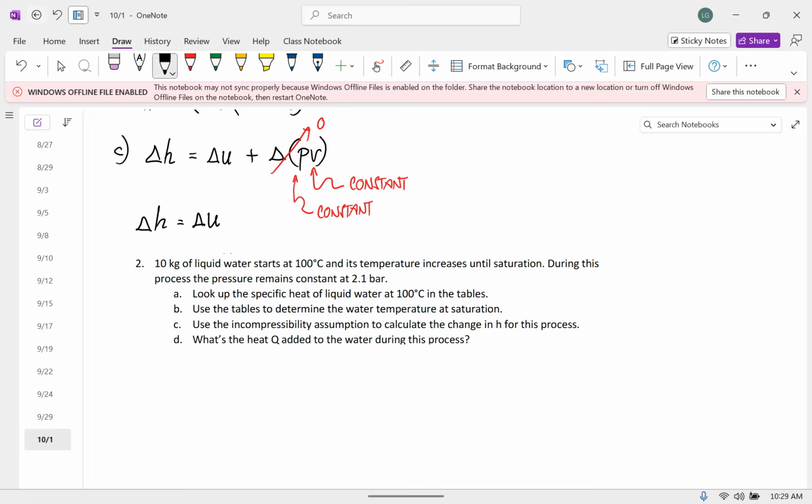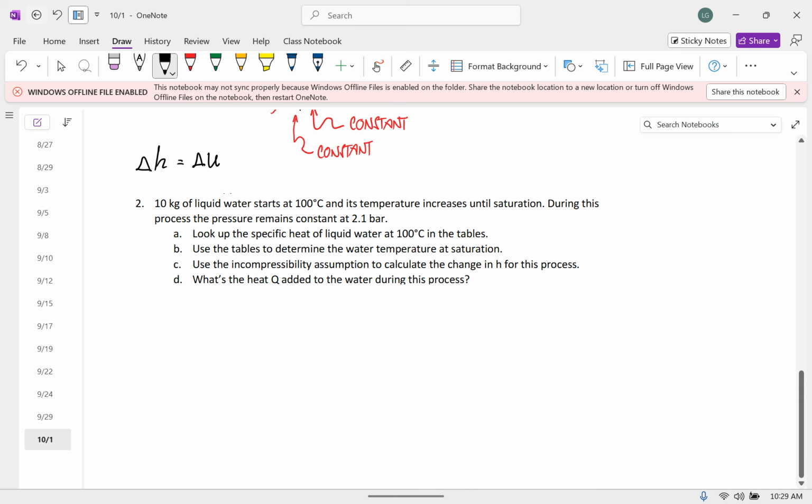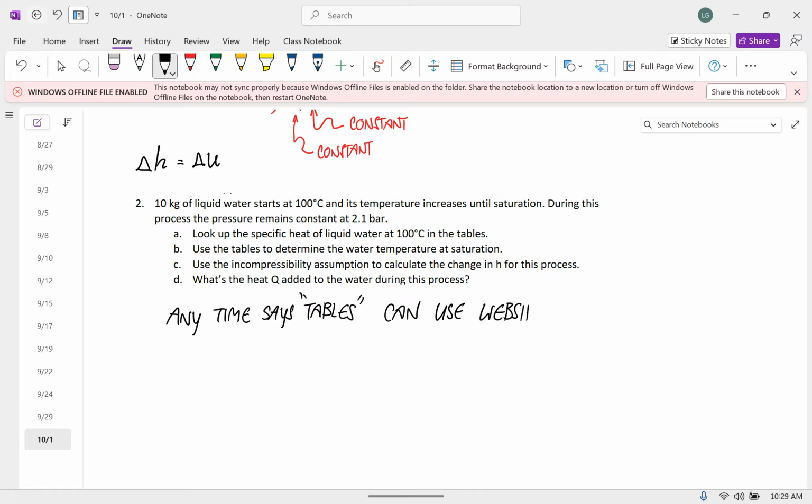The pressure remains constant at 2.1 bar. Okay, so anytime it says tables, you can use the website. So it starts at 100 and it increases until saturation. So it starts at 100 and then increases until it's at its boiling temperature.